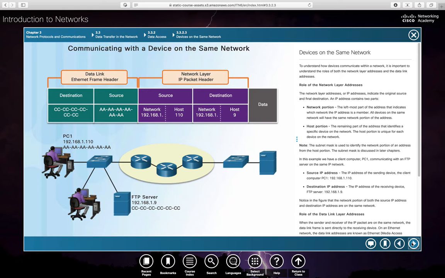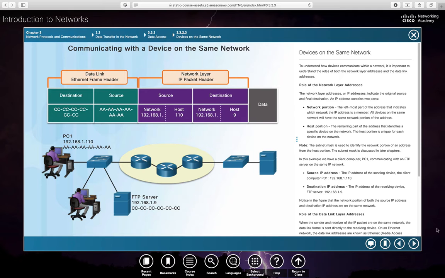If we use the same subnet mask, we get a network of 192.168.1. And for both the source and the destination, that network portion is the same. So we would make the statement that these two hosts are on the same network because they have the same network number.